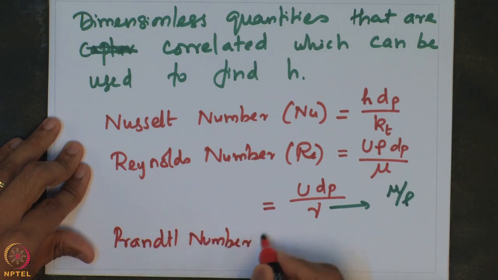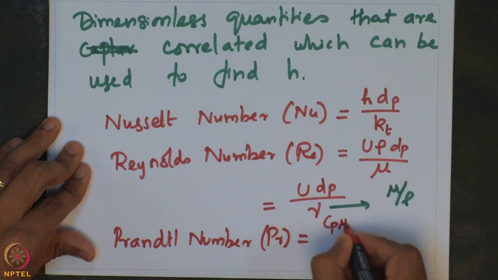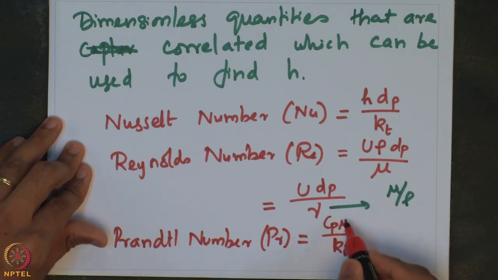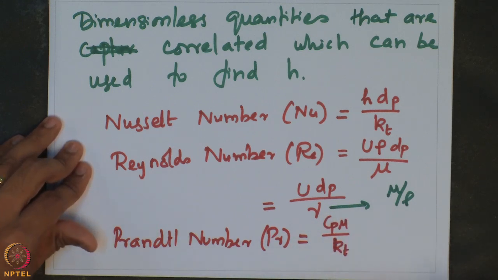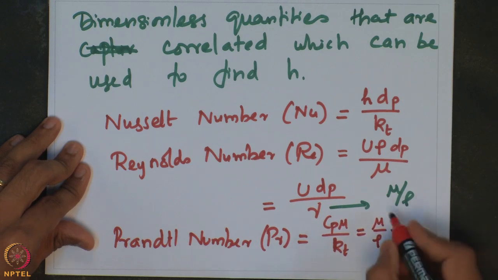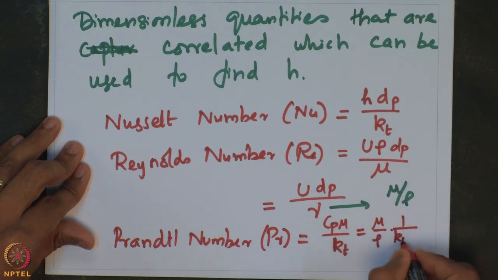What is the Prandtl number? The Prandtl number is given by Cp mu by Kt, where Cp is the heat capacity of the fluid, mu is the viscosity and Kt is the conductivity of the fluid. Now one can multiply and divide by density, and rewrite this as mu by rho into 1 by Kt by rho Cp.